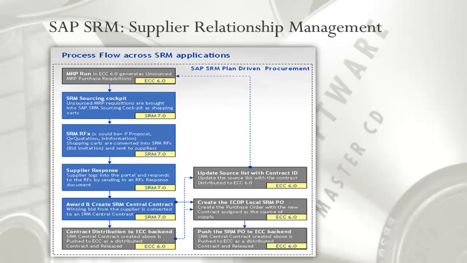So as I've already mentioned, the purpose of SAP SRM is to optimize business relationships with existing and potential suppliers. This workflow gives you an idea of how the process plays out within the system. SRM lets you strategically plan and control relationships with these suppliers by integrating them with the purchasing and procurement processes. As a result, SRM supports contract and supplier management, supplier selection, supplier qualification, purchasing, source determination, and invoicing.